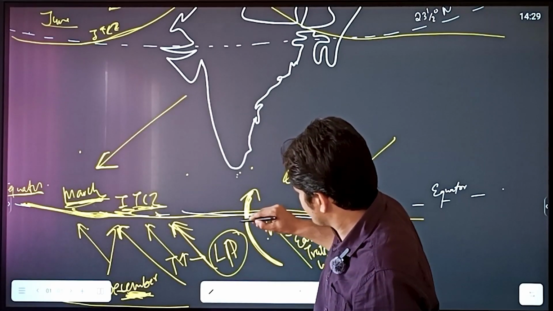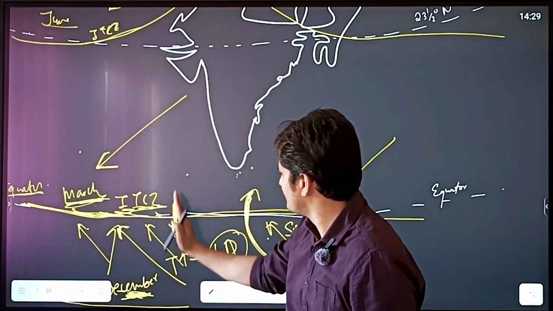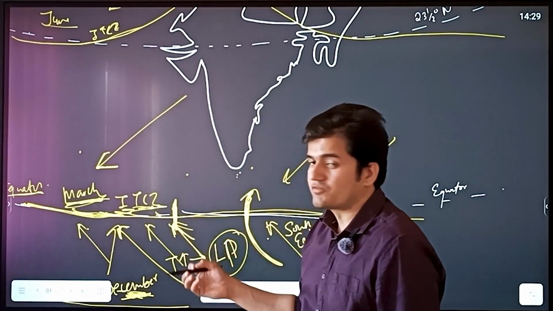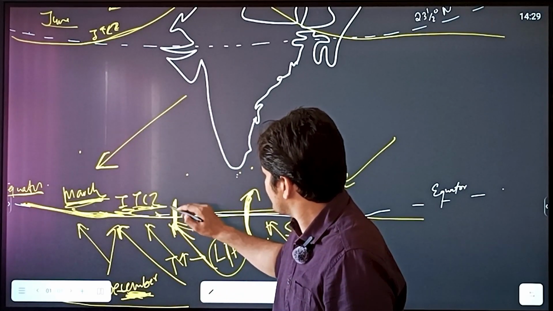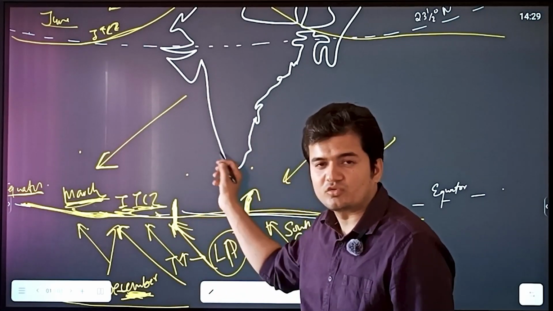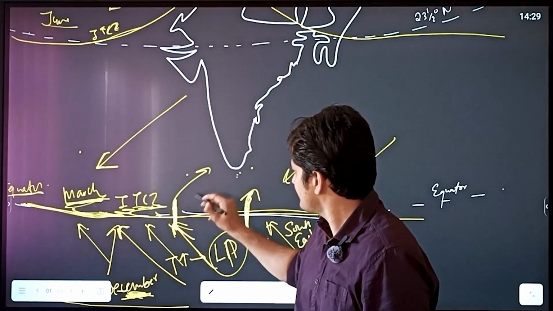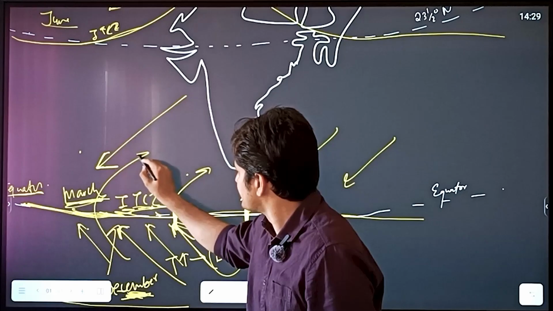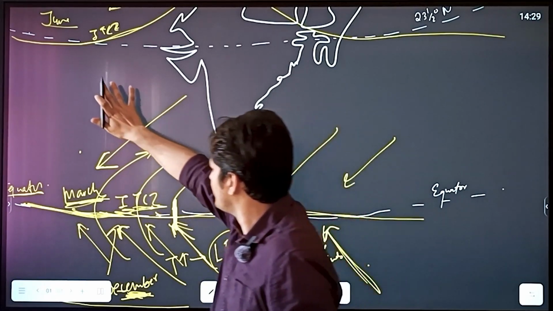So in this region we can see that these winds have no deviation and they are just moving in the northern direction. But when these winds start to move toward the northern hemisphere, what will happen? The same Coriolis force will deviate their path like this.